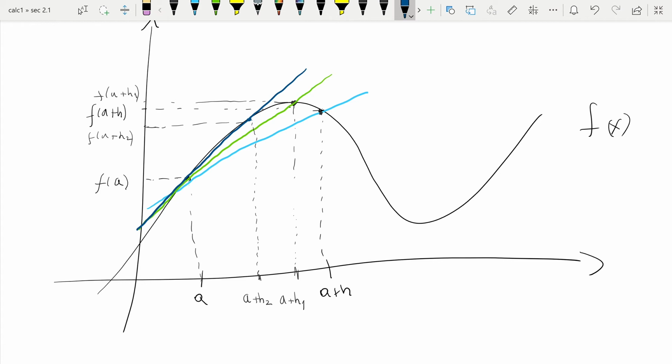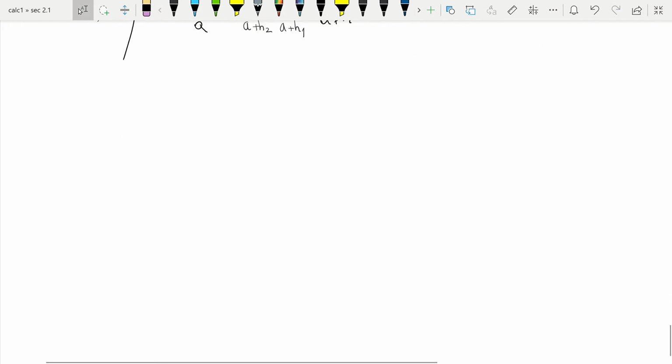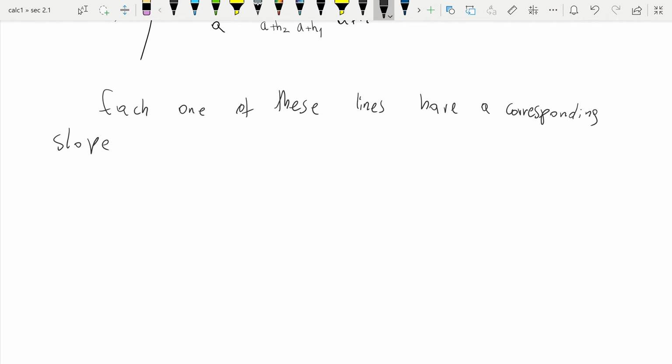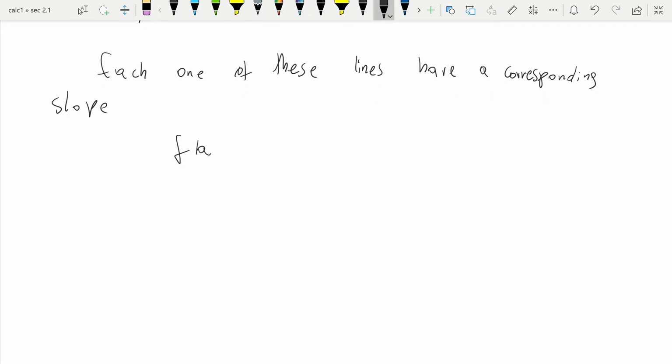So each one of these lines has a corresponding slope: f of a plus h minus f of a, divided by h.